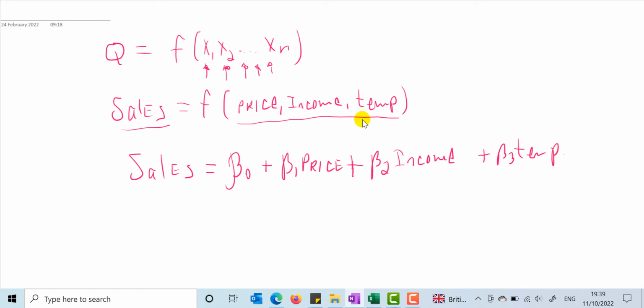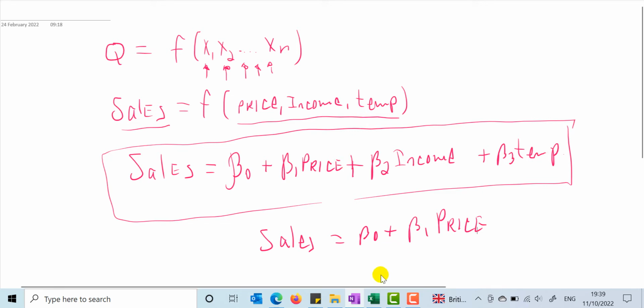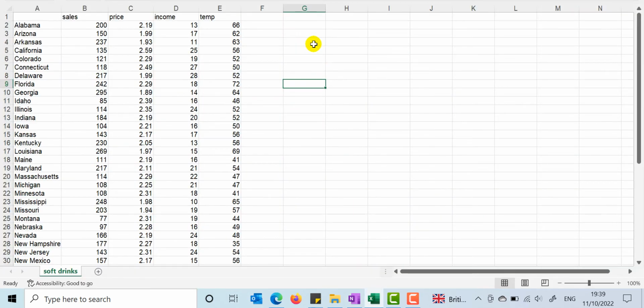So this is the multivariate demand equation we're going to estimate. To start with, we will estimate the simple linear regression, sales as a function of own price. So that's what our first equation will be. Let's move on to the demand equation.